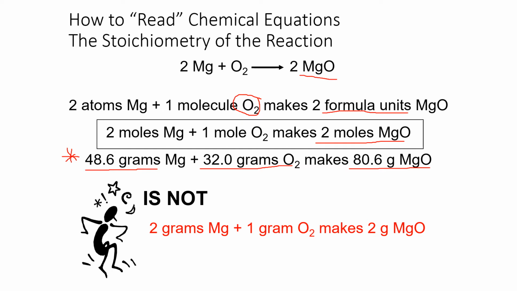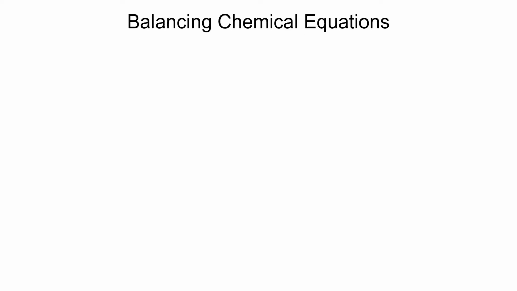However, we're going to learn that using moles, we can determine the number of grams of product produced. So first we're going to look at balancing chemical equations. I'm going to run through the example given in your PowerPoint, and then we're going to follow this video by working on some of those reactions together.